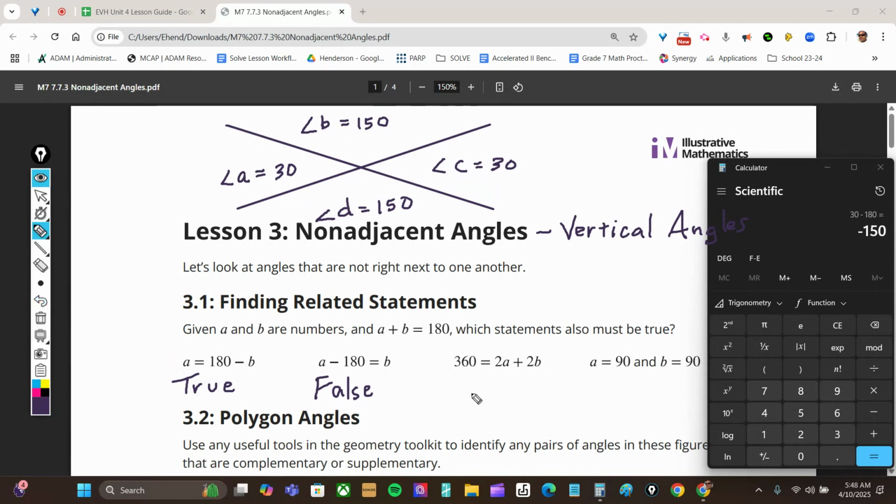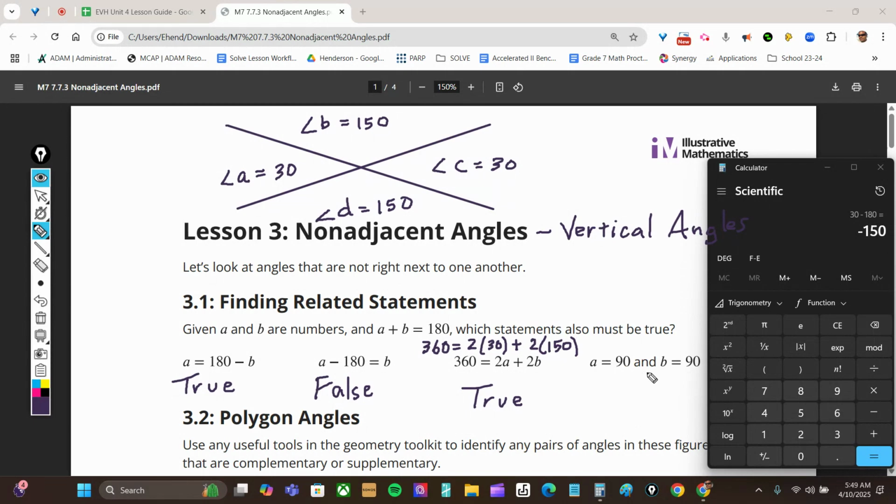So 360, this is true, because 360 equals 2 times 30 plus 2 times 150. That's going to be true.